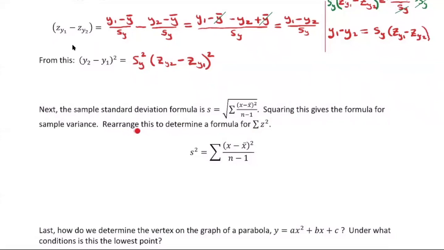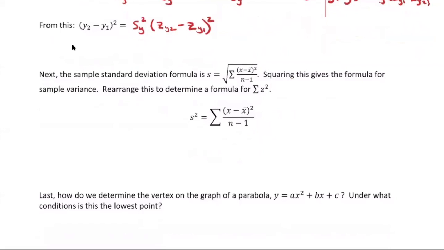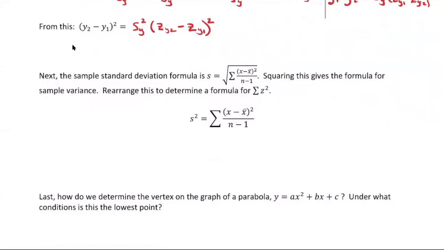It says, rearrange this to find a formula for the sum of z squares. Interesting. So remember, z is x minus x bar over s. So they want us to make this into a sum of z squared. I think I see how this might work.